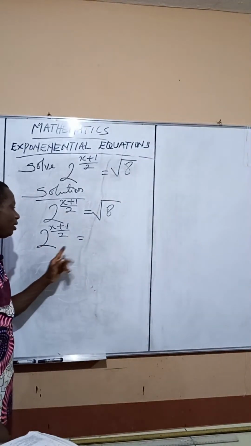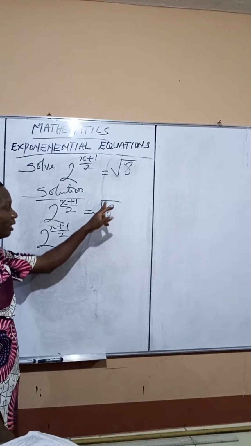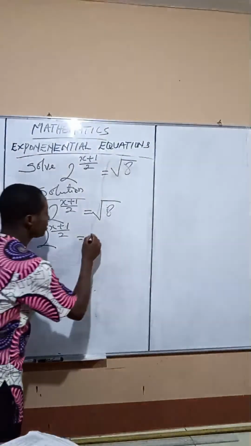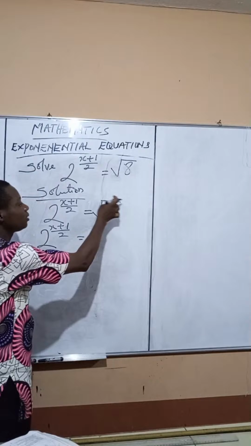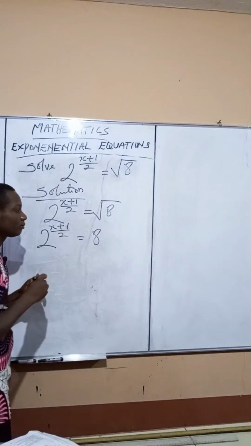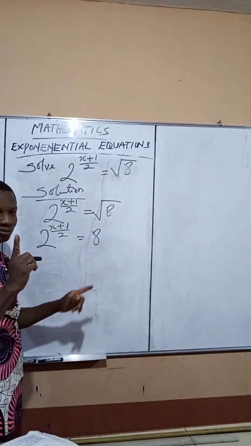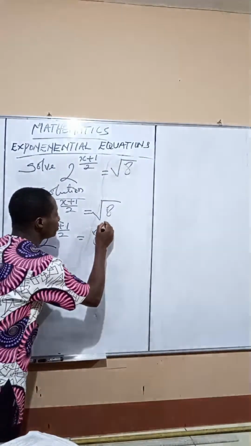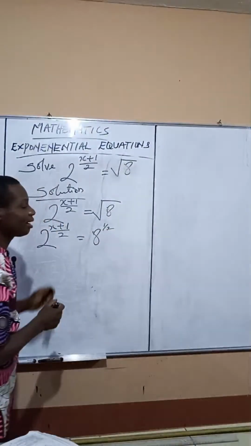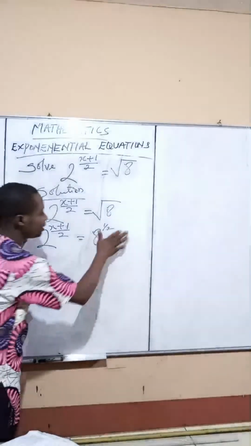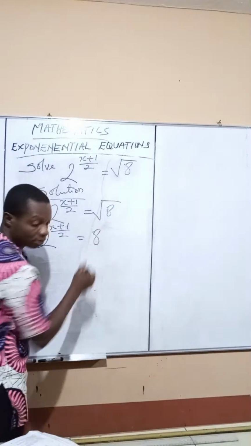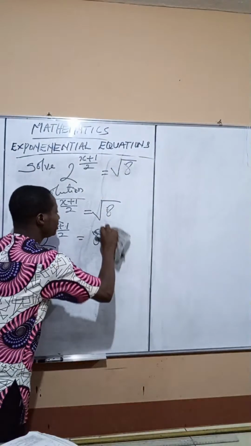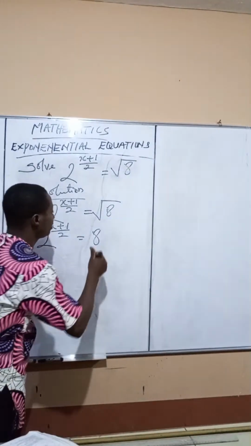So how do I make here? I can rewrite this one as 8 raised by half, because square root actually means that the exponent is half. So I'm going to write raised by half. That's 1 over 2. I hope you can see it very well. Let me write again, sorry for that, so that you can see it very clearly.